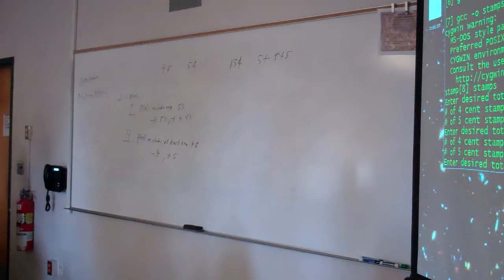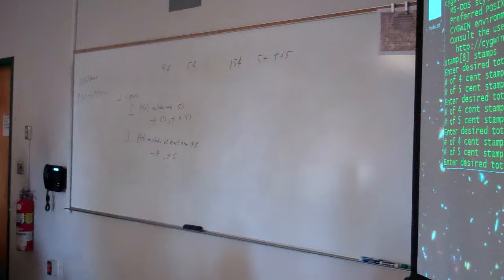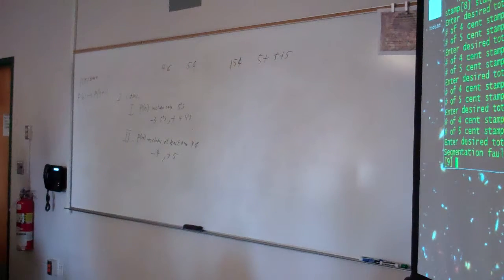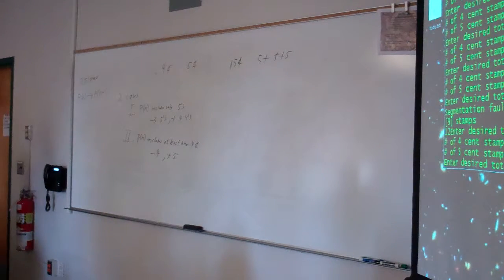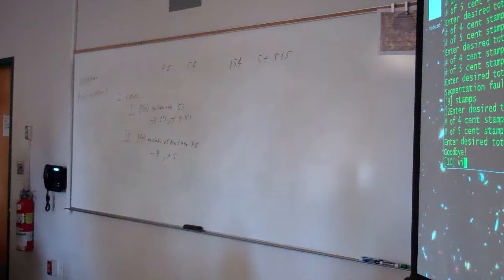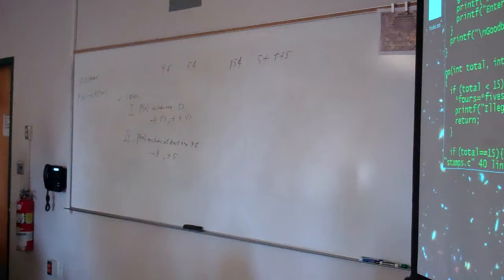If I get 154, 153, too big. All right, so it finds solutions for us. But here's what I did. So this is just my main program that prompts me, calls my go code, and then generates the answer.